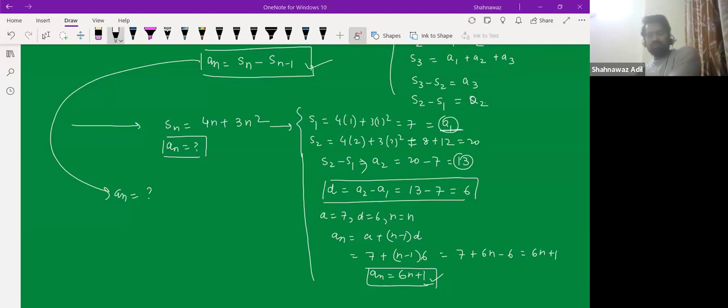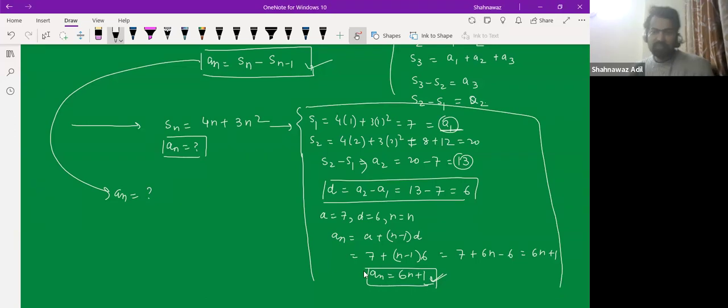Remember, this is the answer. This is one method, but it is a long, lengthy method. There is a simple method that we can use, and that is this method. So use this thing and tell me what you are getting. Are you getting the same thing?